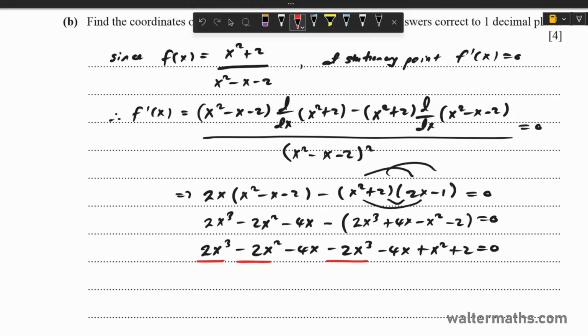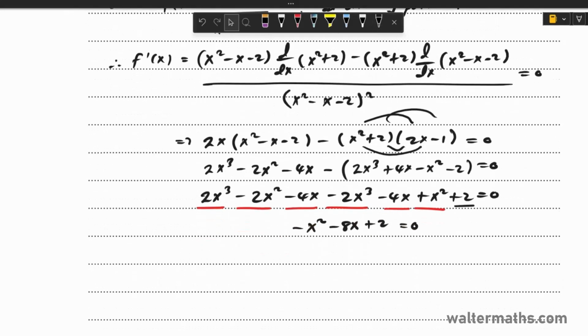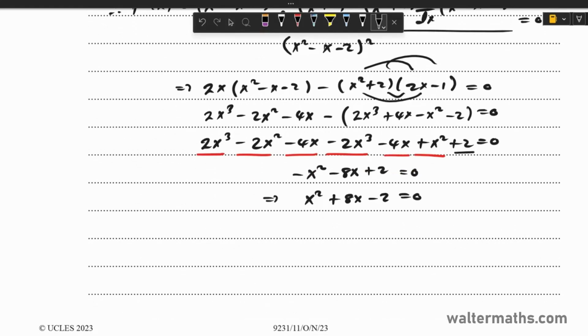Minus 2x squared plus x squared will give us minus x squared. Minus 4x minus 4x is minus 8x, so minus 8x here, and the plus 2 is there, equal to 0. Alright, so basically this can be expressed as x squared plus 8x minus 2 equal to 0, which we can solve using the quadratic formula, right?